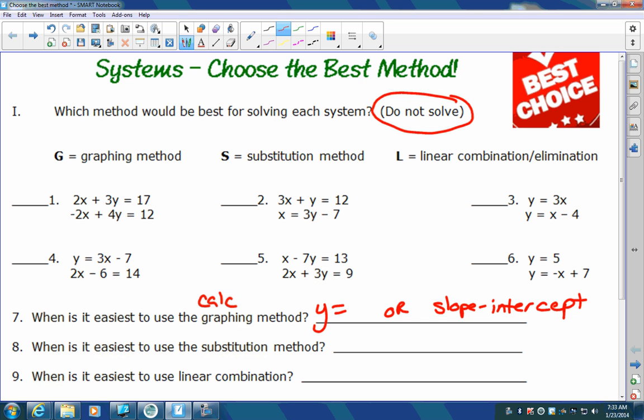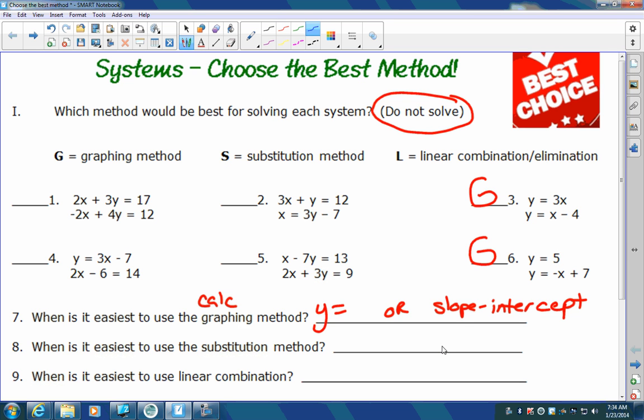That means both equations are written in y equals form. I see 2 of them already. What numbers do I see? 3 and 6. So if that was my test question, boom, I'm putting that into y equals in the calculator, pressing second graph, and I'm going to find my answer.